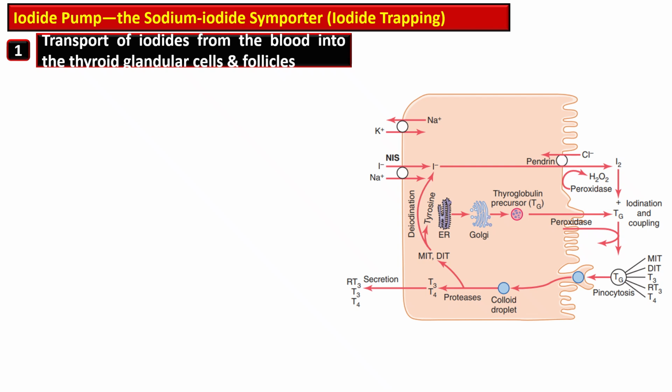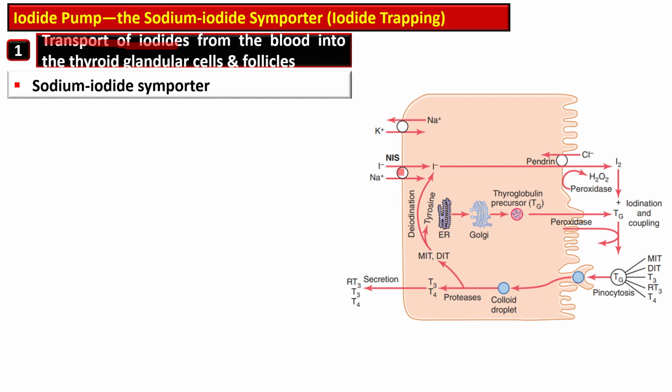So the first step in the formation of thyroid hormone is the transport of iodide from the blood into the thyroid glandular cell and follicle. For this, the sodium iodide symporter is important, and it results in the trapping of the iodide.